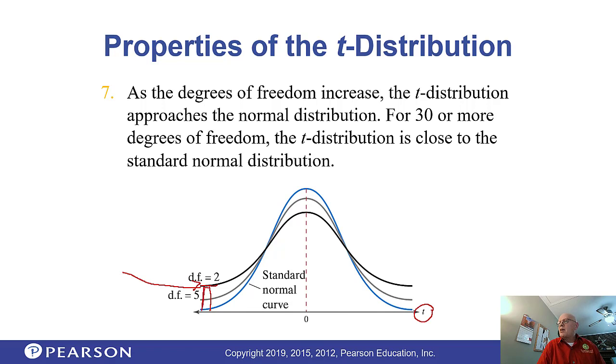This part right here is thicker than it was previously with the z distribution. Even when we go to a sample size of 6, which gives us a degree of freedom of 5, it's still not quite as close as it used to be.